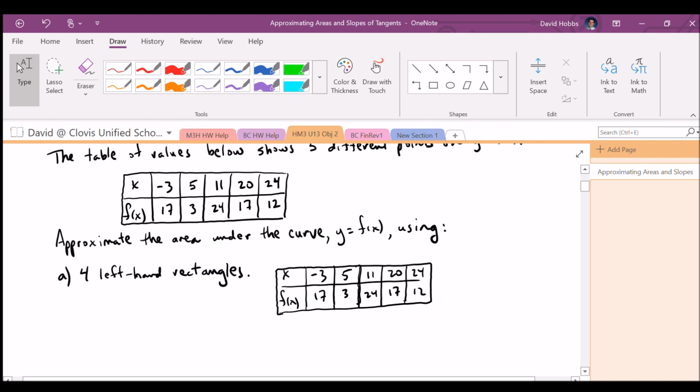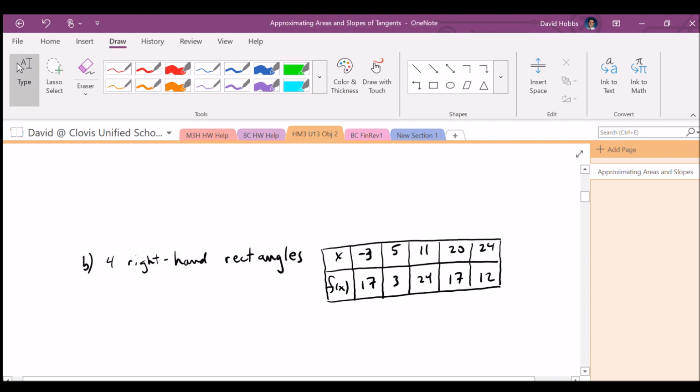Now, left-hand rectangles and right-hand rectangles are much easier to deal with than inscribed and circumscribed because left-hand rectangles are simply telling you you're always doing the left side for the height. And if you're doing right-hand rectangles, guess what?